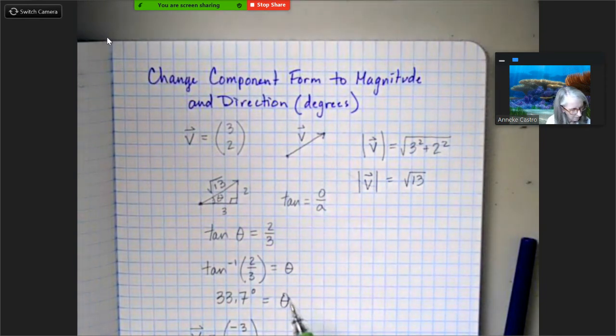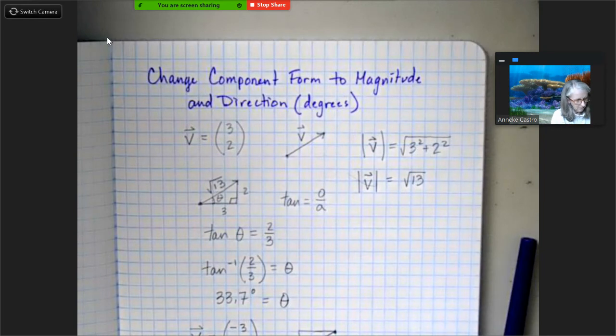What would that be in terms of the angle and the magnitude? Well, the magnitude is going to be the same. It's going to have the same length. If we think about this, I'm going 3 to the left and then 2 down. So my vector is right here, and that's still going to be square root of 13.